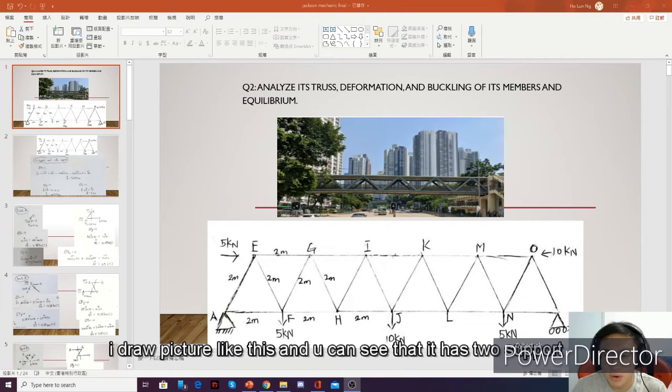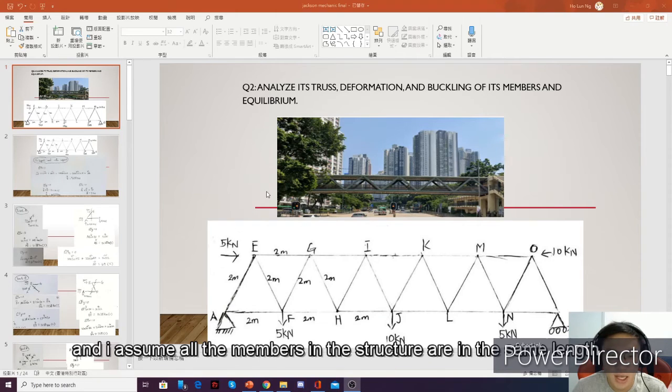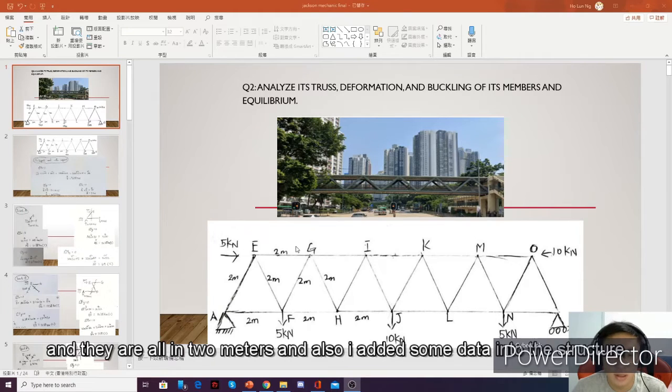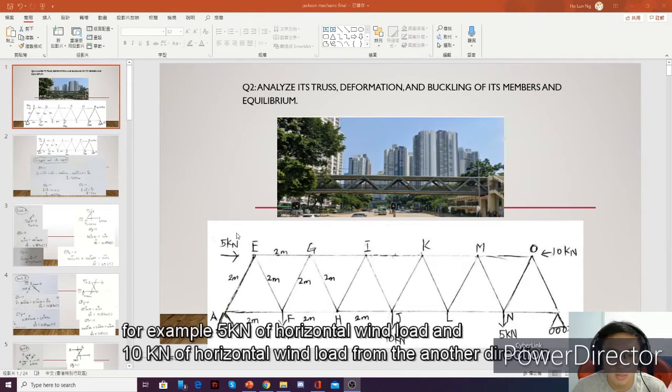There are two supports, just like the picture, here is support B, and here is support A. Then I assume all the members in the structure are the same length, all 2 meters. And also I add some data into this structure. For example, 5 kN of horizontal wind load and 10 kN of horizontal wind load from the other direction.